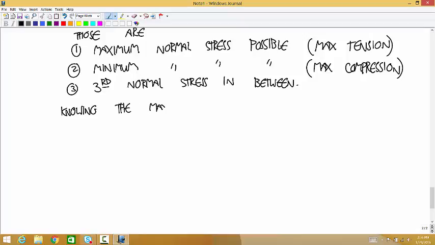Knowing that maximum and minimum stress turn out to be really useful for predicting failure of a material.